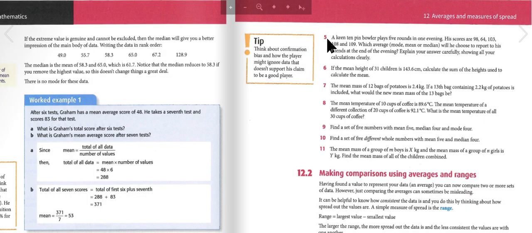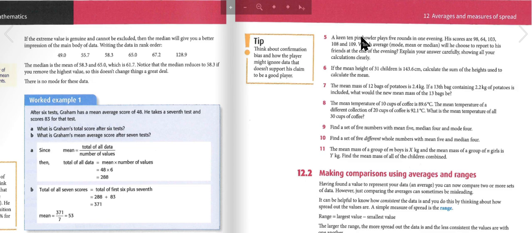Question 5. A 10-pin bowler plays 5 rounds in one evening. His scores are 98, 64, 103, 108, and 109. Which average, the mean or the median, will he choose to report to his friends at the end of the evening? Explain your answer carefully, showing all your calculations clearly.